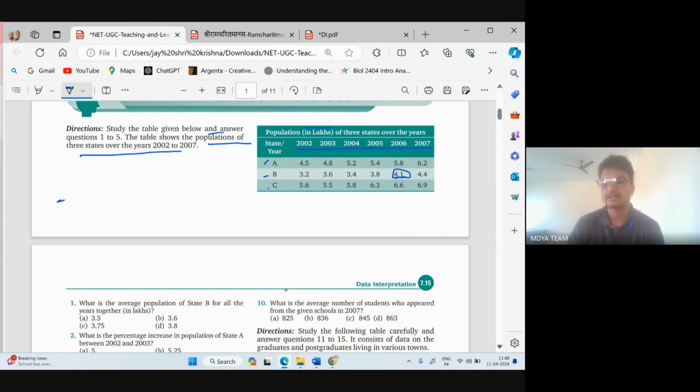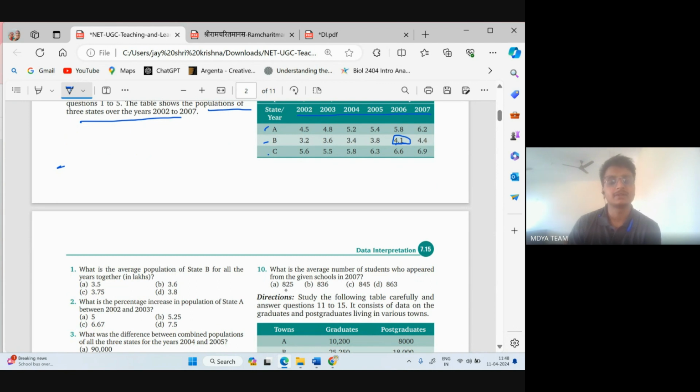If any doubt is there, you can still ask. So the first question: what is the average population of state B for all the years together? This is state B, and this is their population in 2002, 2003, 2004, 2005, 2006, and 2007. How will you calculate the average?